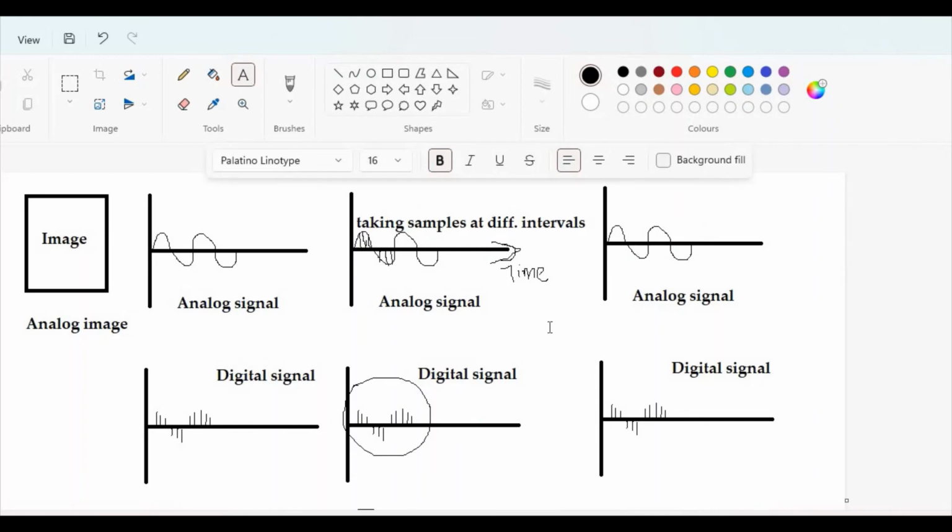So for example, this is the analog signal, this is the digital signal. Suppose this is how the samples are created: first sample, second sample, then third sample, fourth and fifth.